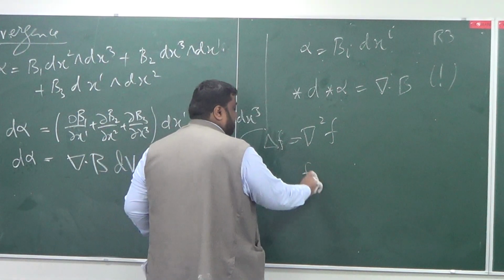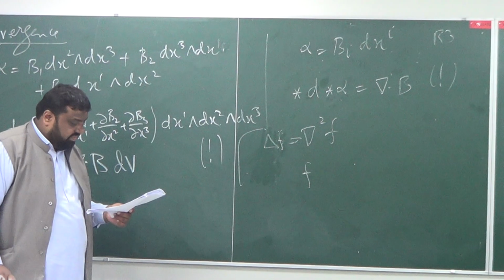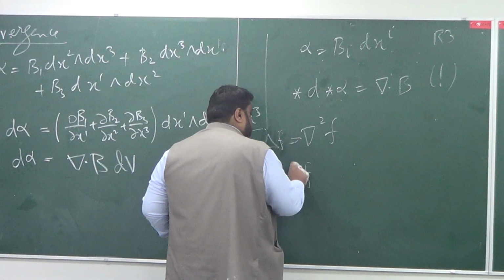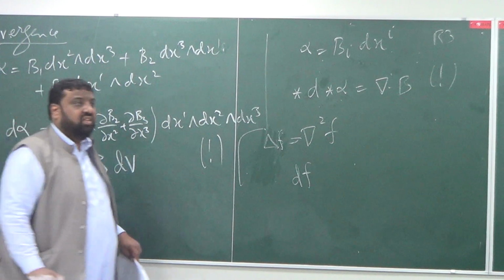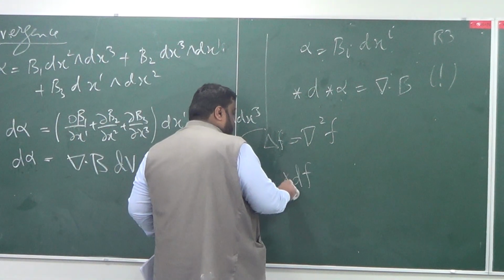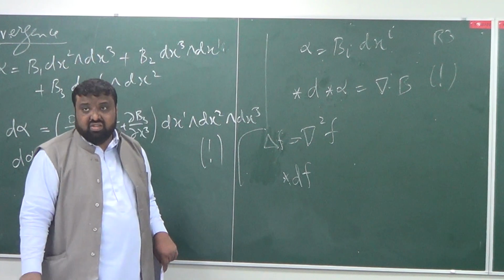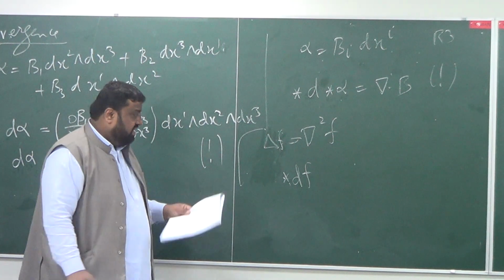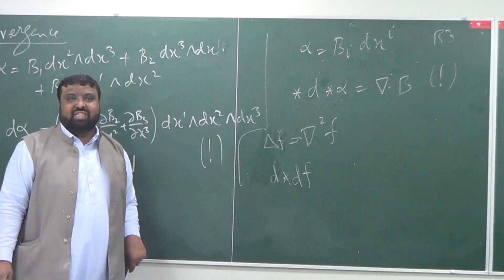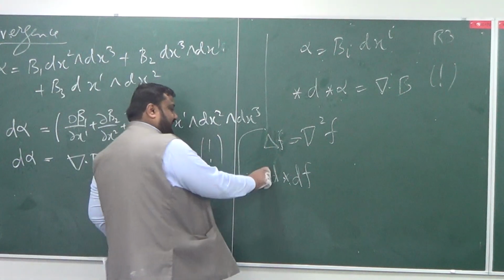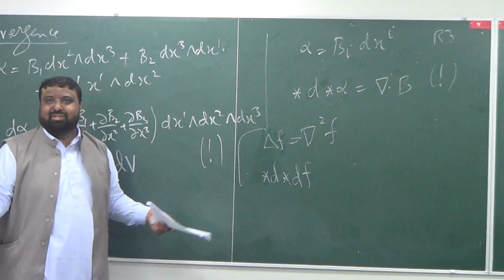So take f. Compute the exterior derivative. So you get a 1-form. Compute the star. What are you going to get? You get a 2-form. Compute the exterior derivative again. You get a 3-form. And again a star. You can guess it actually.